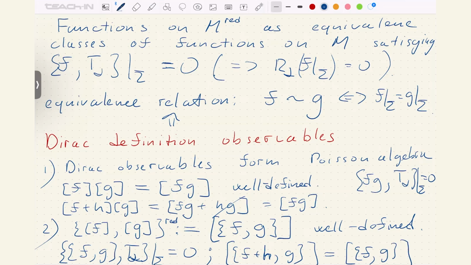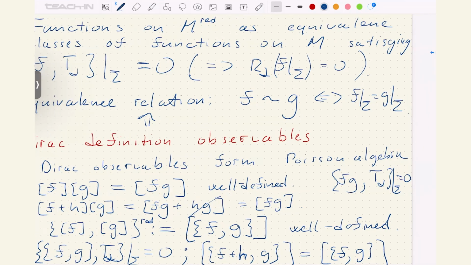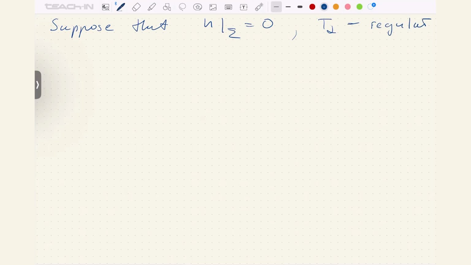And to see this, actually both these statements, we need the following remark, which we briefly discussed last time. So suppose that H on sigma equals 0, and also that T alpha are regular. Regular means that they can be taken as part of a coordinate system, or equivalently that dT alpha over dz A has maximal rank.